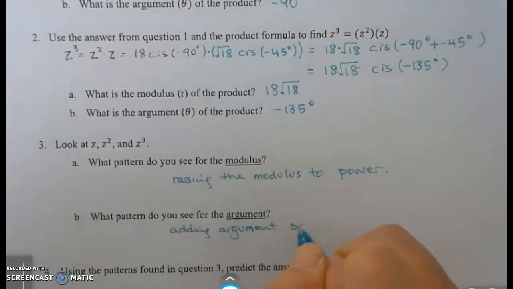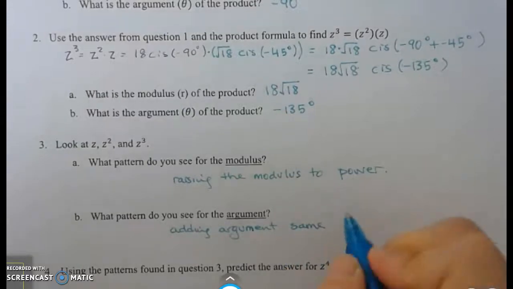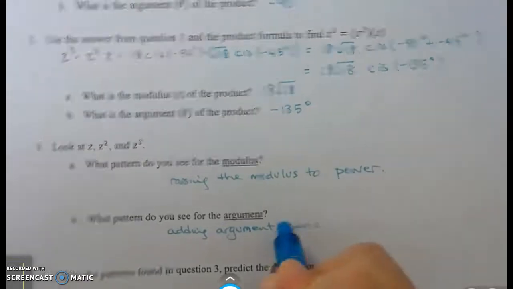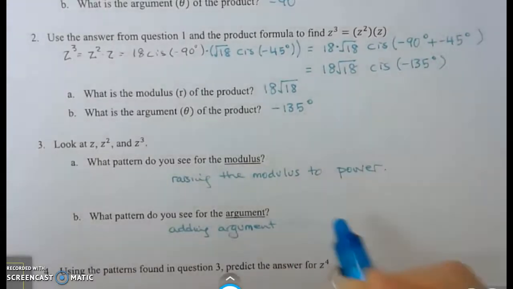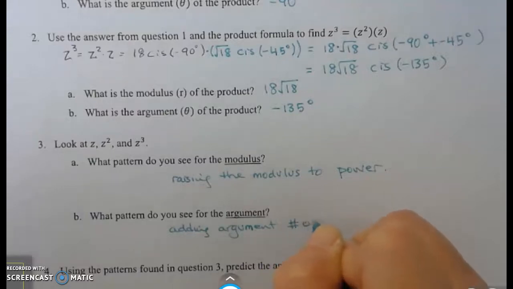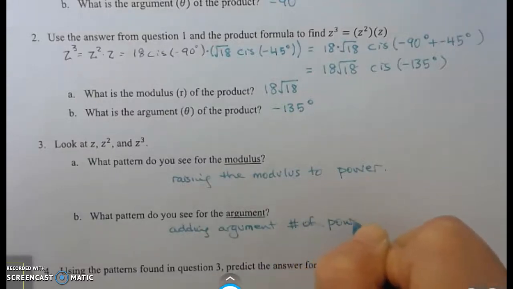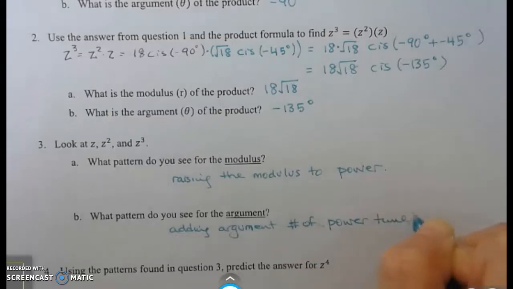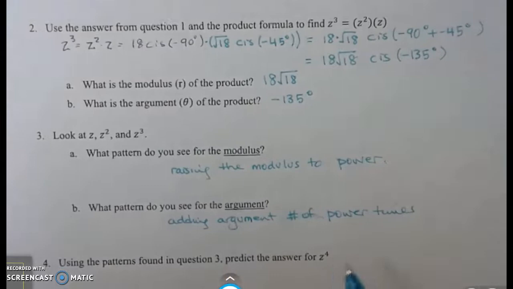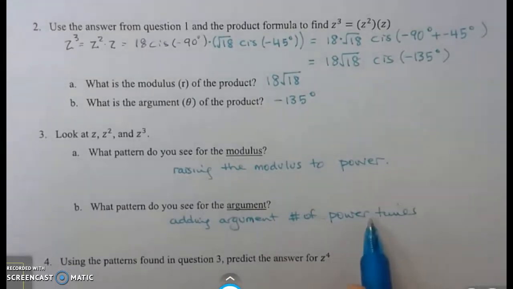How can I put this, n times, or the number of power times. Or we can think of it as we're multiplying the argument by the power.